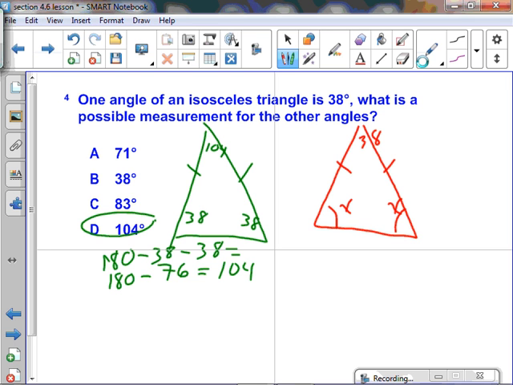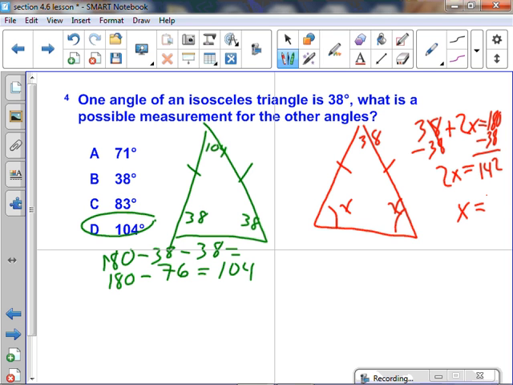So I've got 38 plus 2x is going to equal 180. Okay? And then I just solve for x, minus 38, minus 38. 142 is equal to 2x, making x 71. So I know that each of these are 71. And so my answer is A.